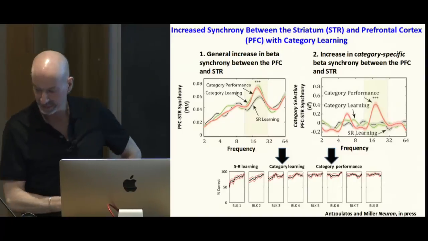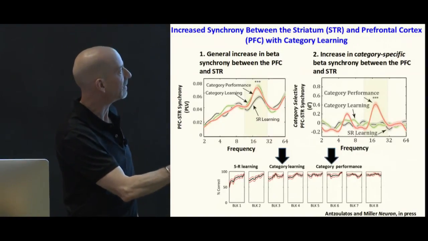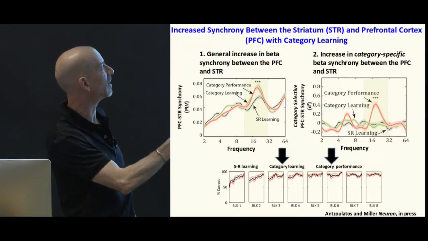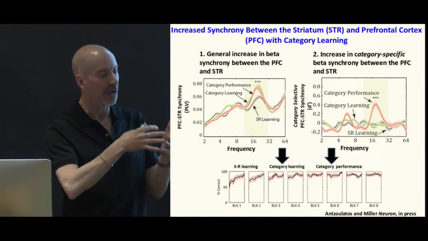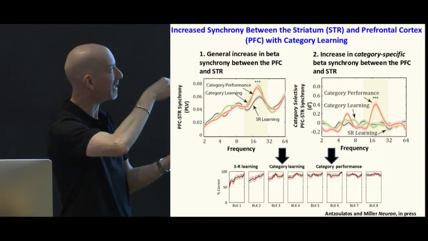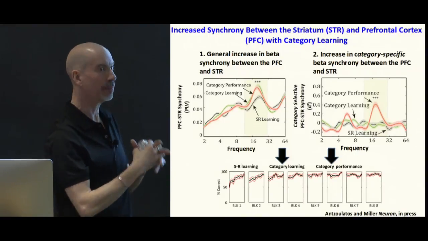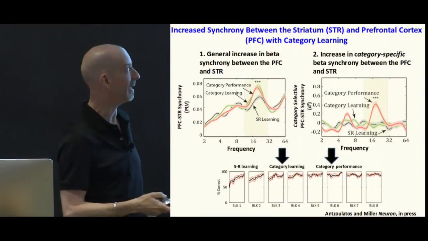And this is the data. Here's again frequency on the x-axis, but now we're looking at our d prime measure of category selective prefrontal cortex striatum synchrony. So we're looking for how much information there is about the category based on the patterns of synchrony alone. How many electrode pairs differentiated between the two categories based on the level of beta band synchrony.